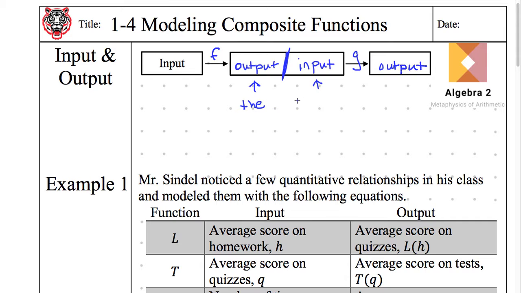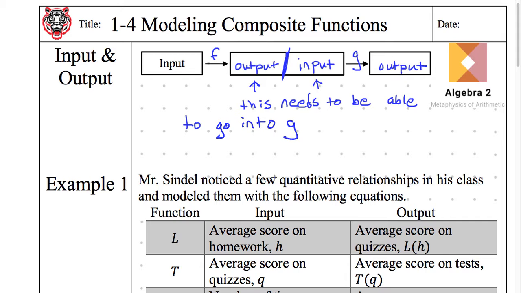This output needs to be able to go into g.